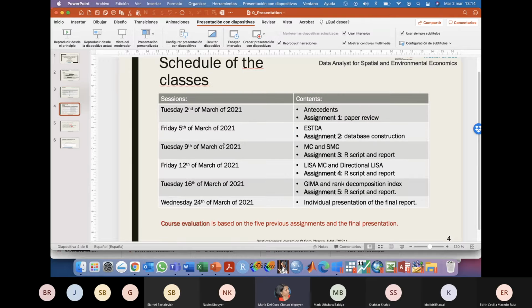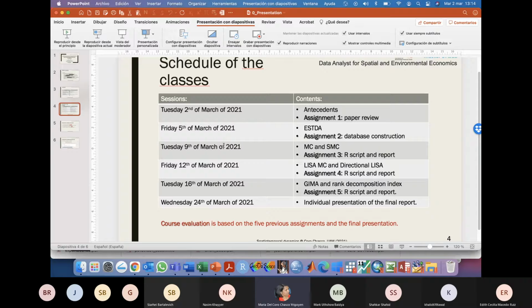Here you have the schedule of the classes of this seminar. This is more or less approximate. As you can see, there will be an assignment after each session that you will have to deliver using the Moodle activities.